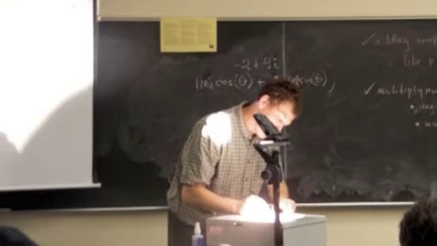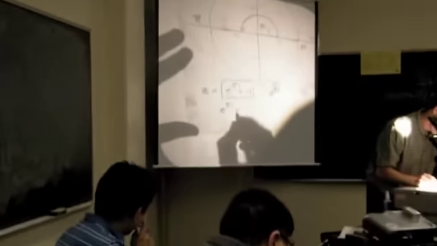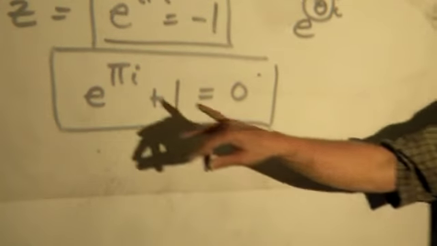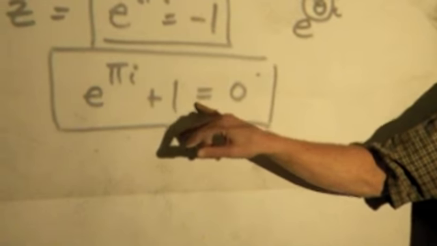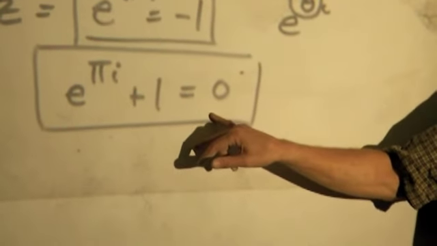So there's where this idea comes from. This is Euler's famous equation, e to the pi I plus 1 equals 0. A lot of people think it's a cool equation because it puts e, pi, I, the addition sign, 1, the equal sign, and 0 all together. It puts all the coolest things together in one.